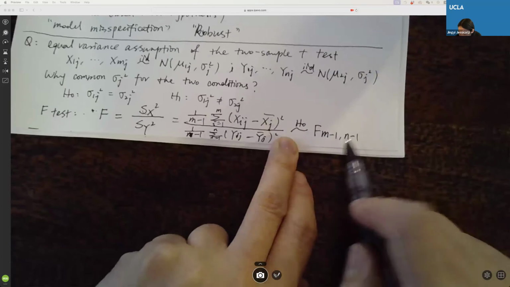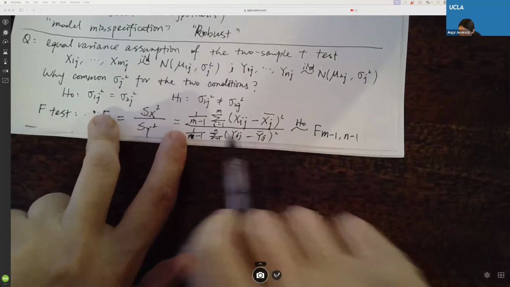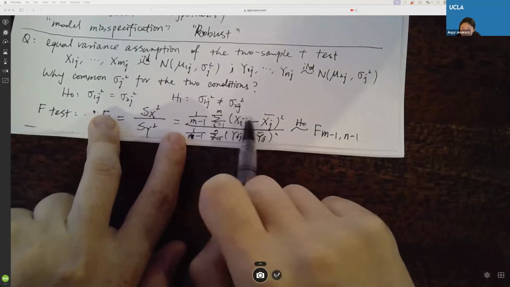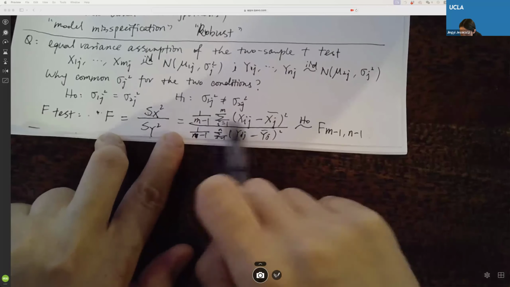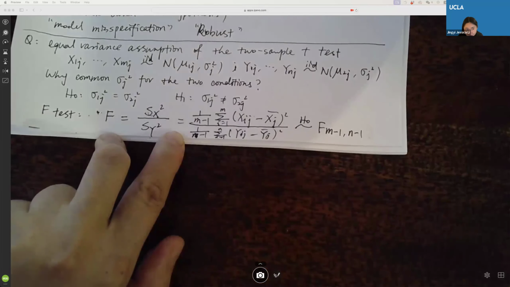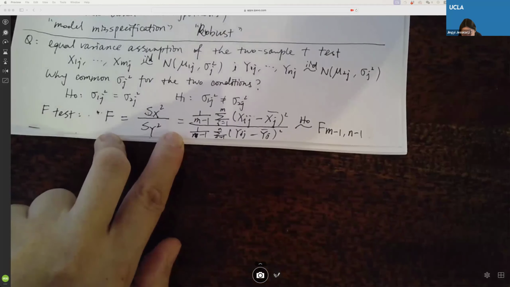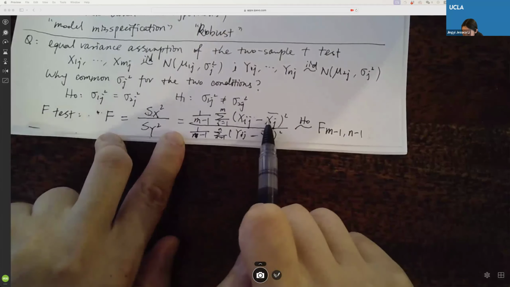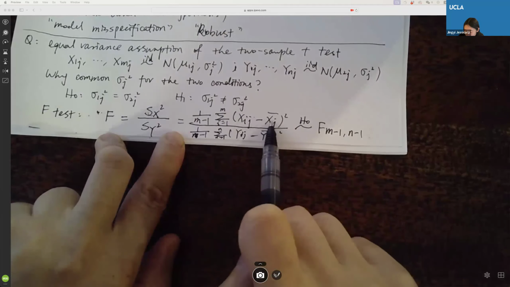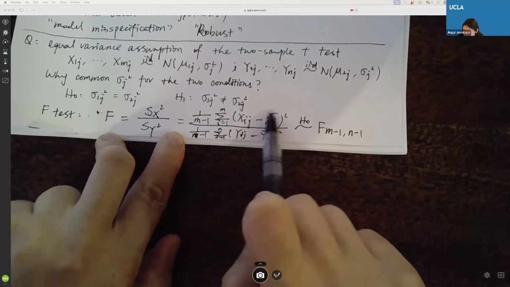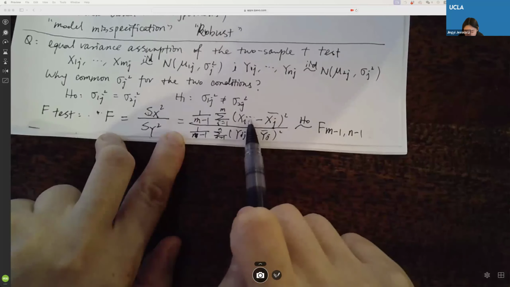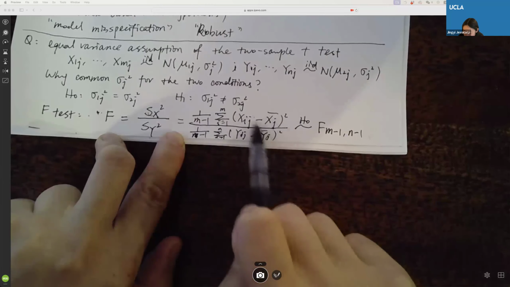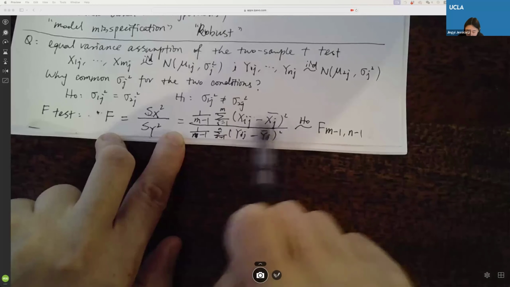How to intuitively understand this? In the numerator, when we compute the sample variance, we have removed 1 degree of freedom by shifting everything towards the center. So you have the center, the average here, and you're only looking at how each point is around its center, right? We're taking the difference.